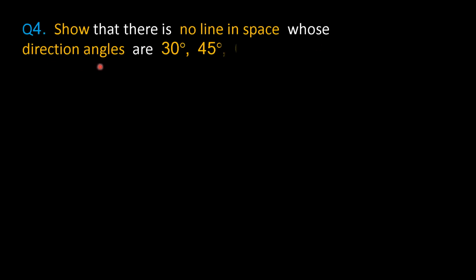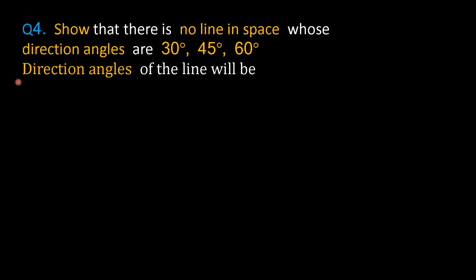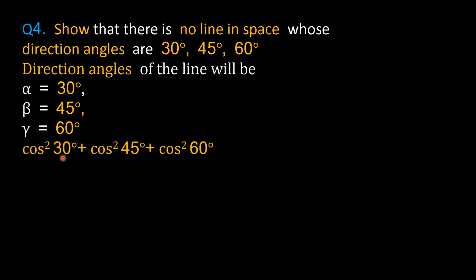In question 4, we have to show that there is no line in space whose direction angles are 30 degrees, 45 degrees, 60 degrees. The direction angles of the line will be alpha equals 30 degrees, beta equals 45 degrees, gamma equals 60 degrees. We will find cos square 30 plus cos square 45 plus cos square 60.